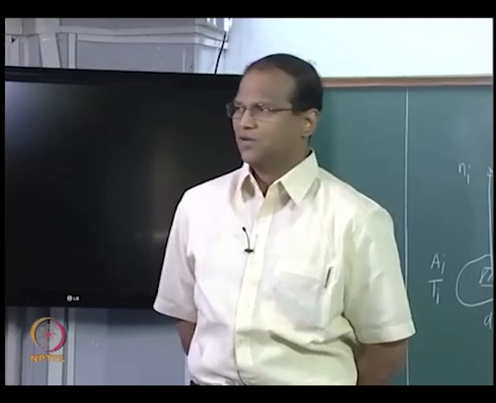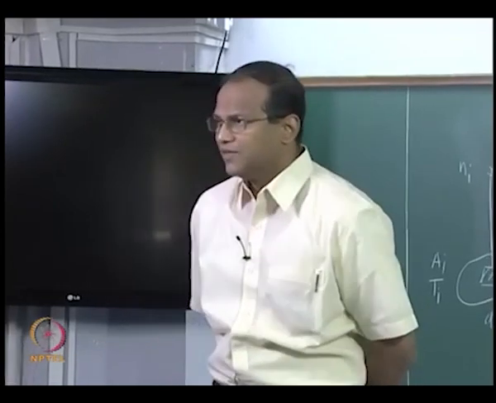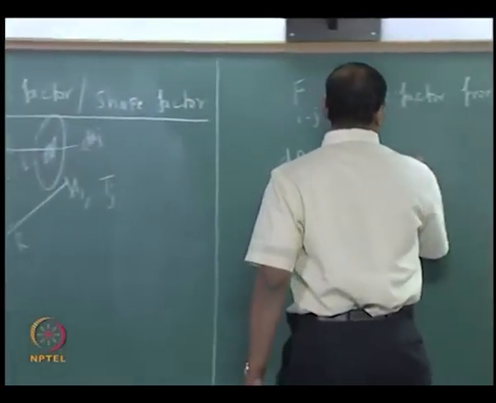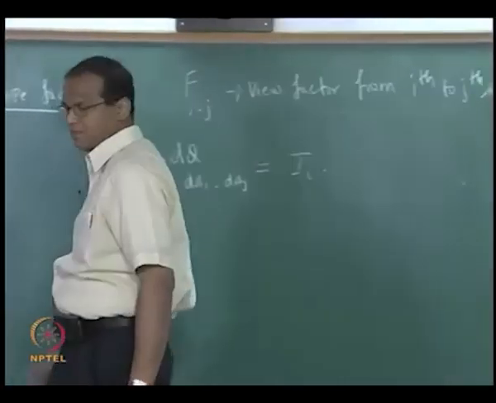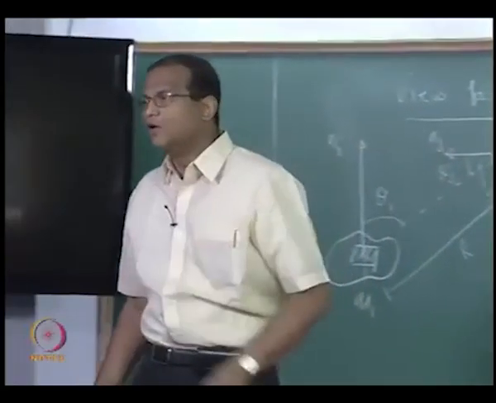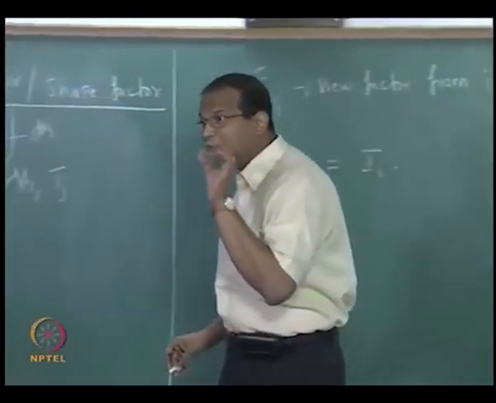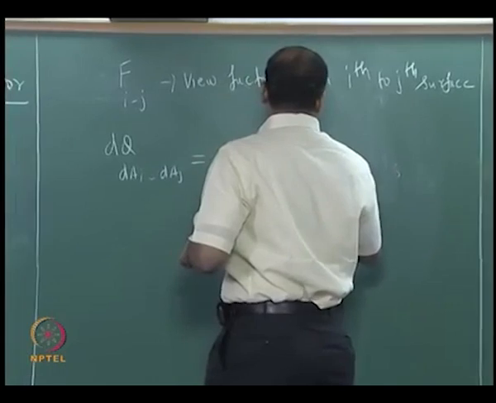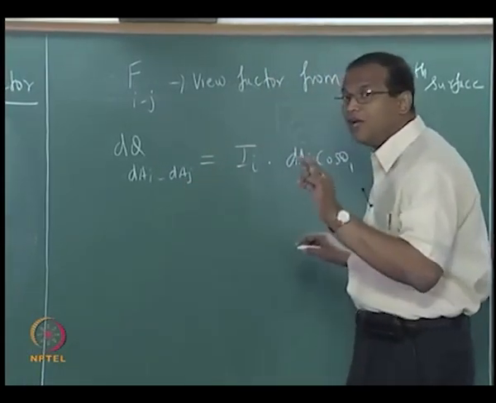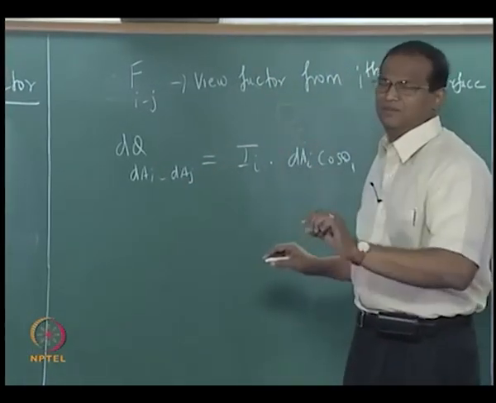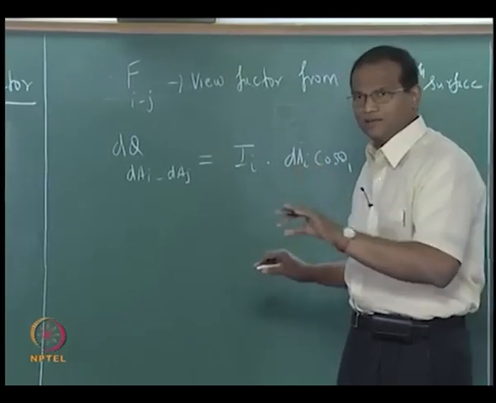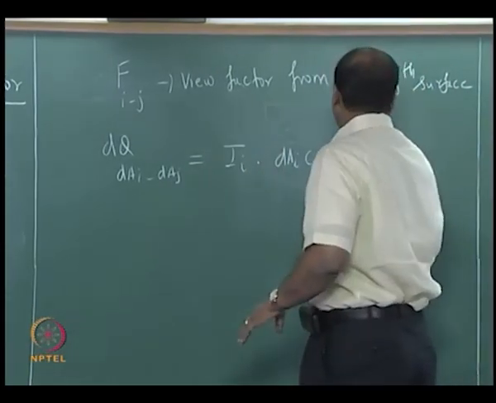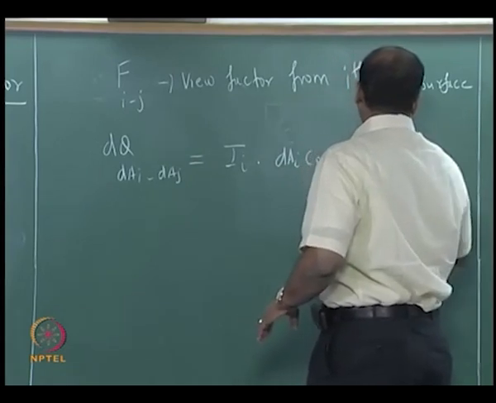First we will start with Ii. Very good, dAi cos theta, very good. d omega ji, if that is what you are implying, it is fine. For people who have not followed, I will come again.